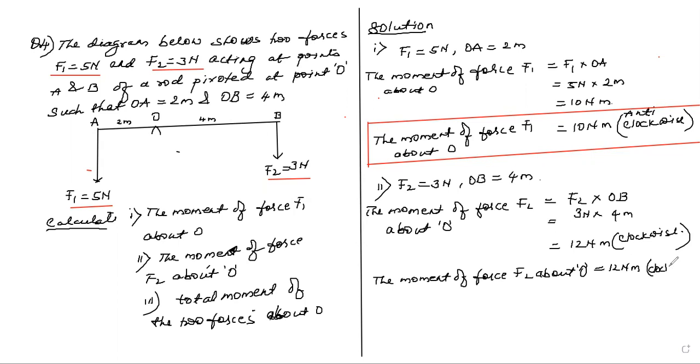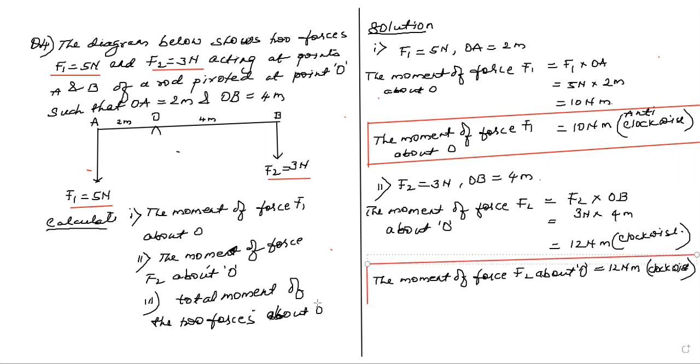Now, always remember, children, anti-clockwise movement should be taken as positive. Clockwise movement should be taken as negative. Whenever you want to find the total, you have to add, and when you add, you have to take into consideration the rules, the conventions.